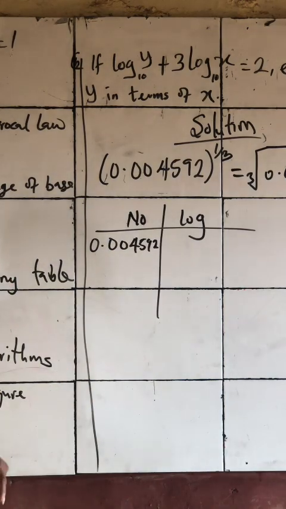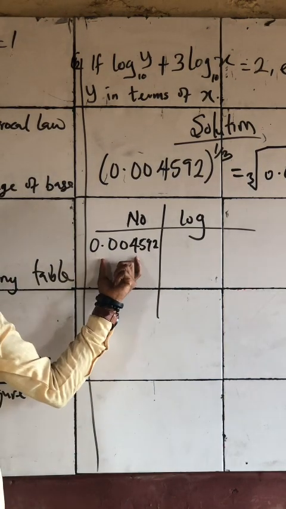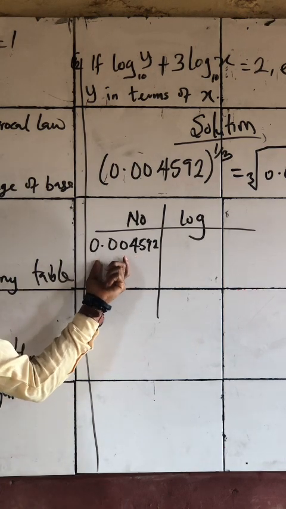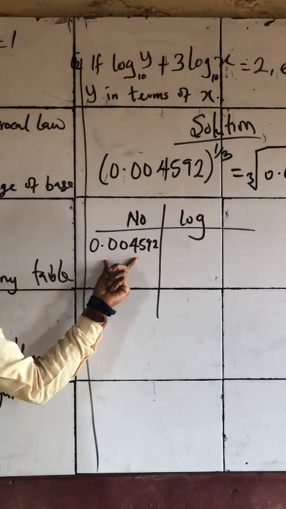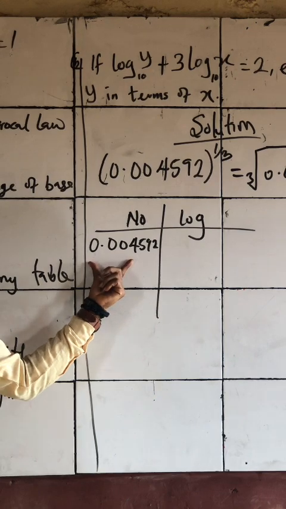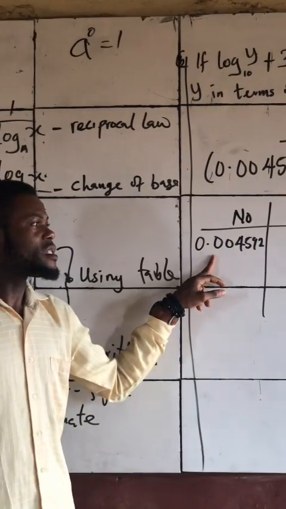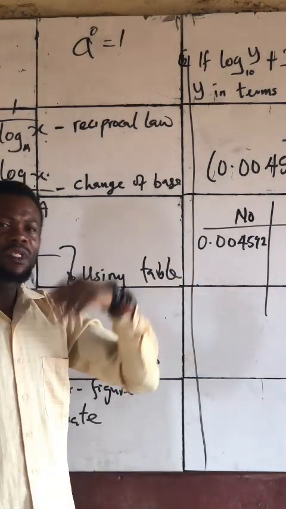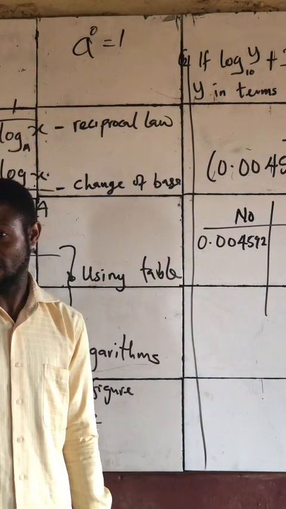Now I can recall that for you to know the characteristics, if it is having a decimal point before the whole number, then it means our characteristics will be what? Negative.